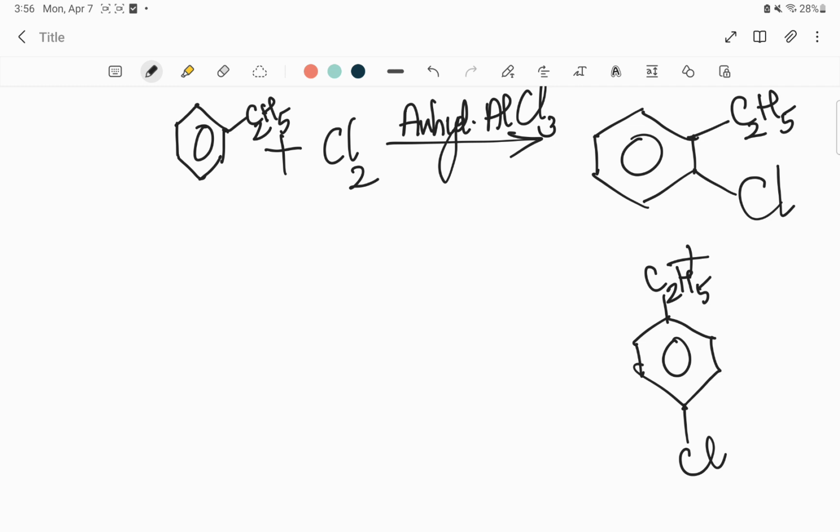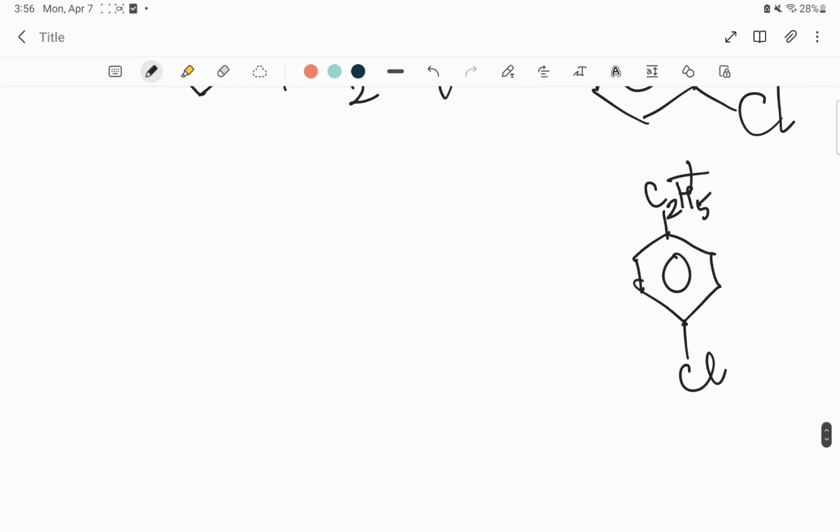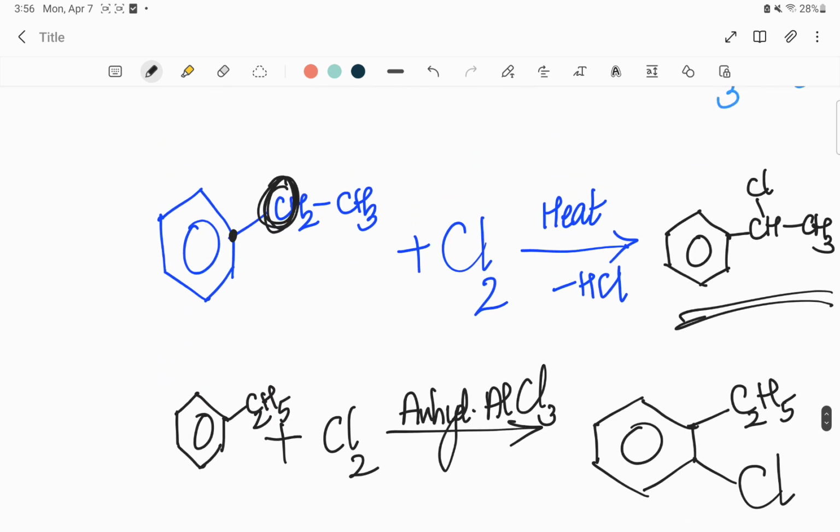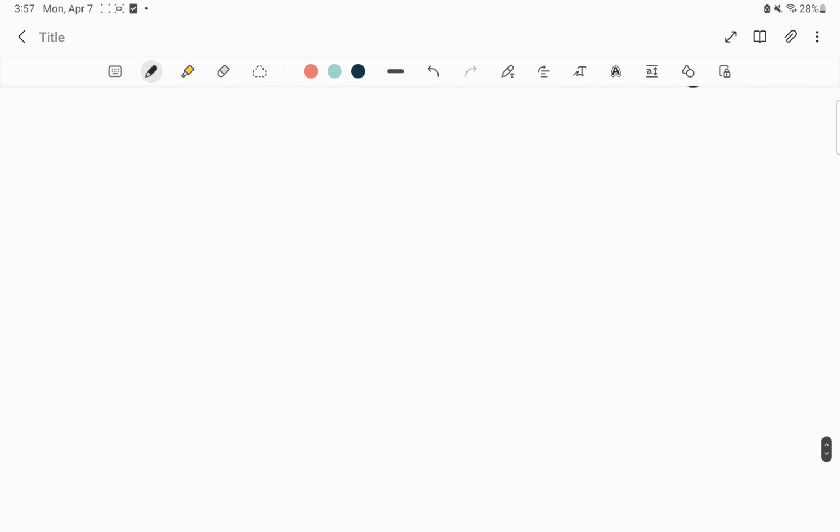So the compound will undergo chlorination or bromination, and as a result you will get a halogen substituted in the benzene ring itself. But if you want the halogen to be substituted in the alkyl group, then you have to use heat or sunlight or any UV light. The second method of preparation from hydrocarbons is from alkenes.